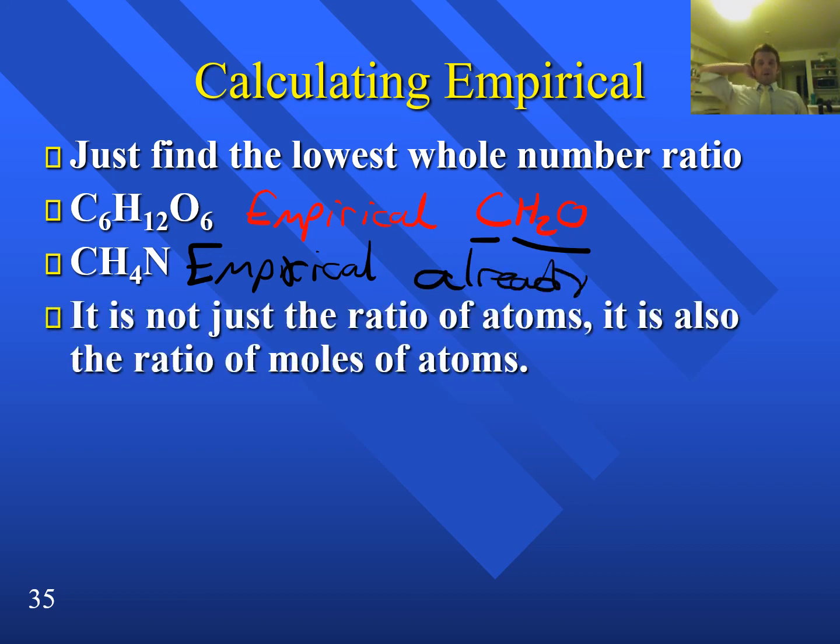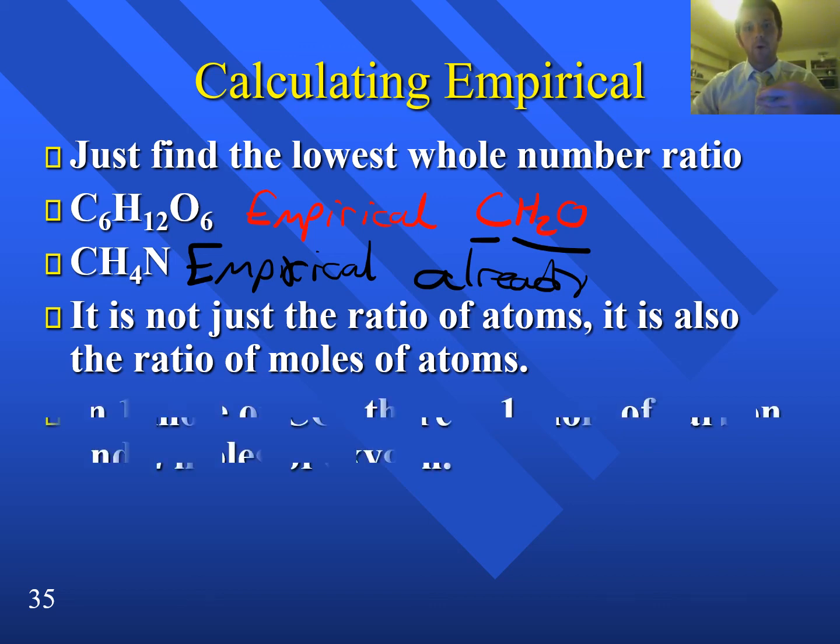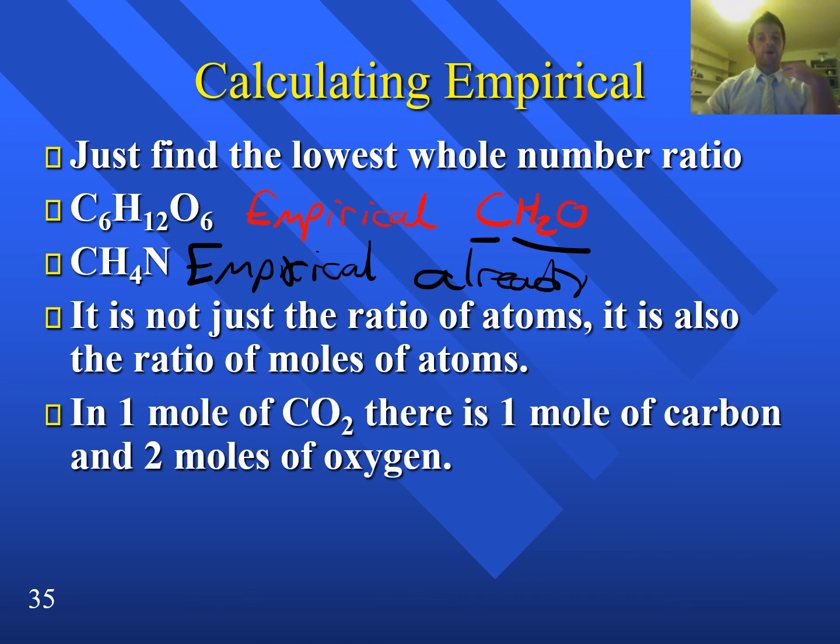Another thing that I want to talk about is that it's not just the ratio of atoms, but it's also the ratio of moles of atoms. So for example, in 1 mole of carbon dioxide, there's a mole of carbon and 2 moles of oxygen. It's kind of like if I have a dozen humans, 12 humans, there are 12 heads, but also 24 arms and 24 legs.